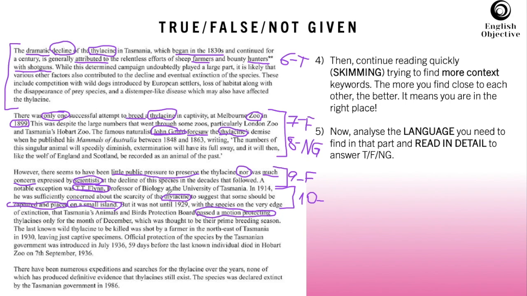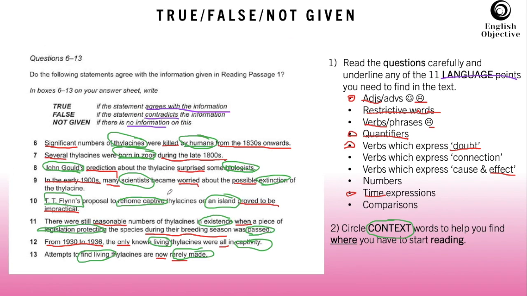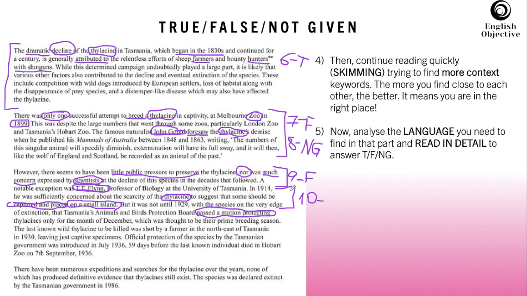But I can't see any language point about expressing speculation or doubt, impractical, nothing about adjectives with negative connotation. So it means that number 10 is not given. I don't have the language points.